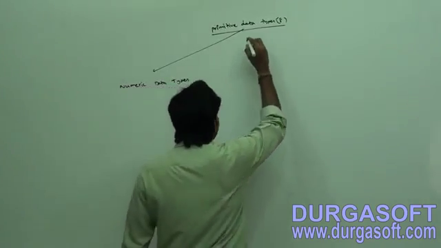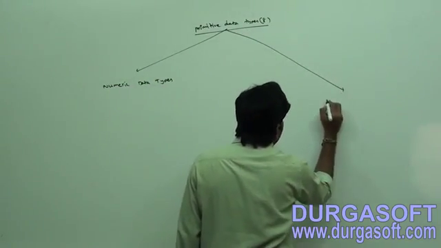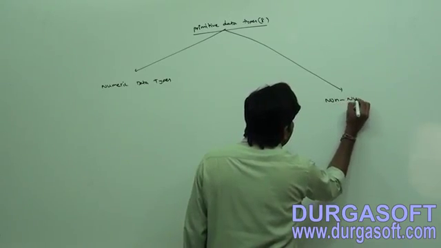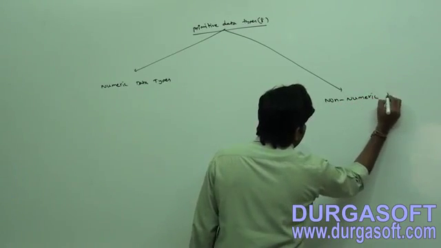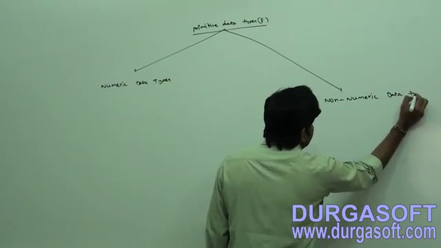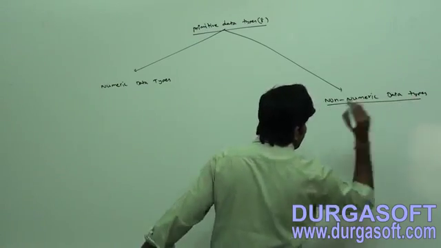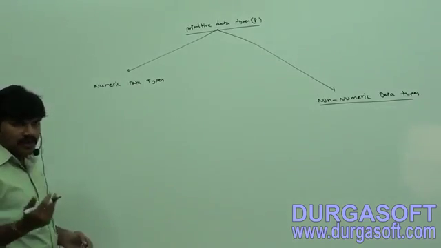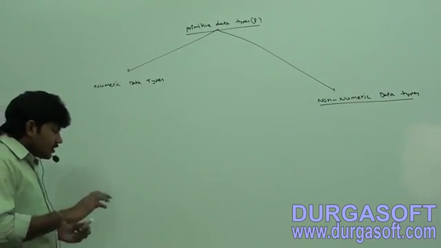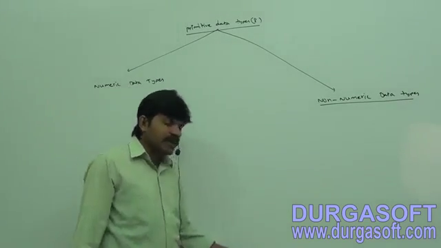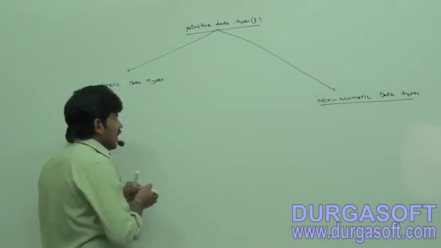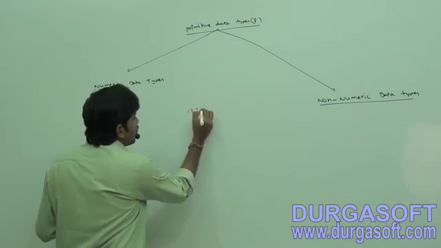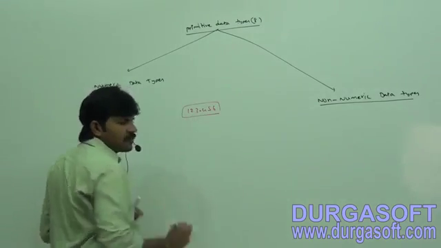There are some data types which do not talk about numbers: non-numeric data types. In the numeric data types, sometimes my number has a decimal point, like 123.456.